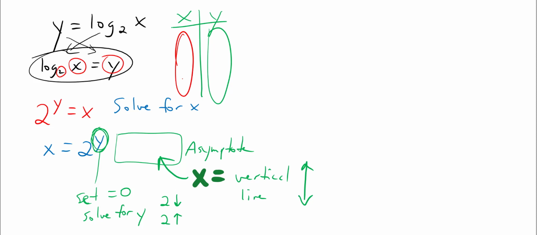Okay, so I've got a lot of stuff here, so let's just do the basic one. So let me erase this all again. Okay, so I'm going to say y is equal to log base 2 of x. So we already did this, so let me just say it's 2 to the y power equals x, so x equals 2 to the y.